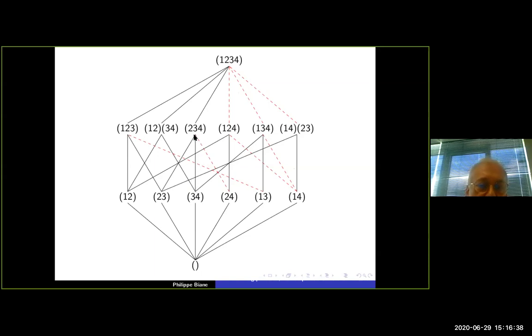I mean that these relations are order relations for the absolute order and for the Bruhat order. But this relation, for example, this one is smaller than this one for the absolute order, but it is the opposite. This one is larger than this one for the Bruhat order. Okay, so we have opposite order relations in the case of these double, red relations.